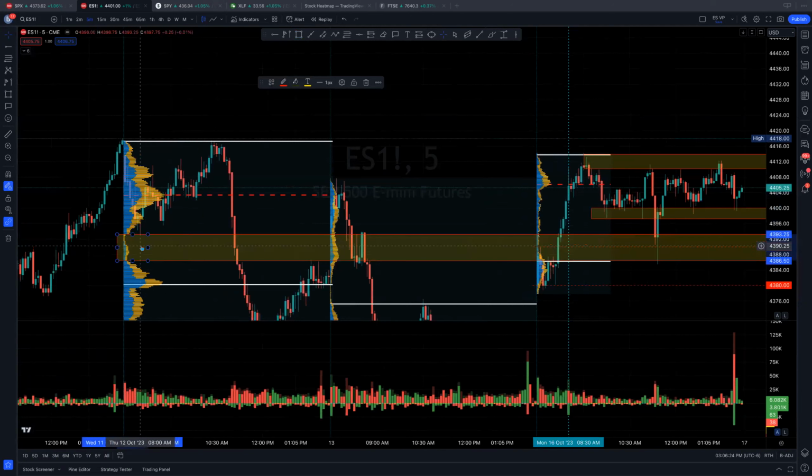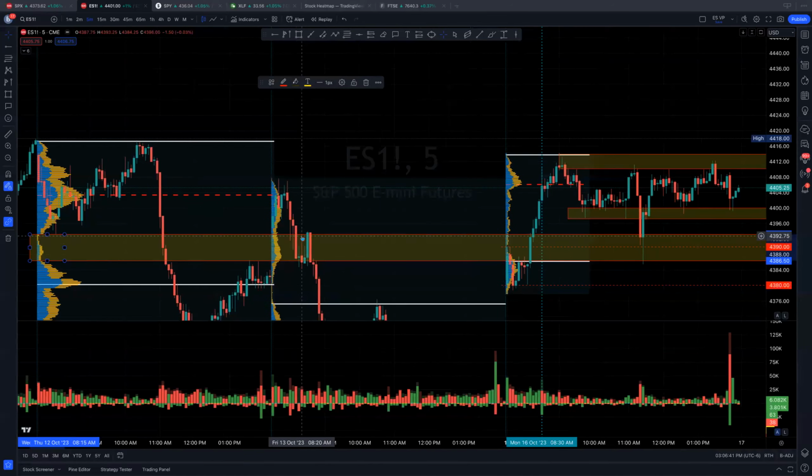Do you guys see how we had a low volume node over here? We had no high volume node. Then we started forming a high volume node here. If we compare this to this, we had a lot more trading going on here. And we had this massive, really crazy volatility here.